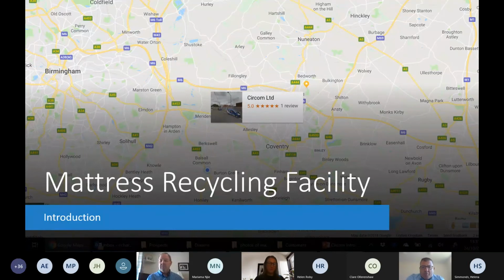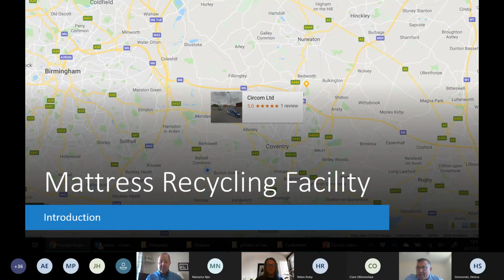Yes, working with the programme, we received around £40,000 of funding for the project involved with mattress recycling. There are around 6 million mattresses sold in the UK each year, and predominantly a lot of them go to landfill, and the recycling infrastructure in the UK is a bit sketchy.